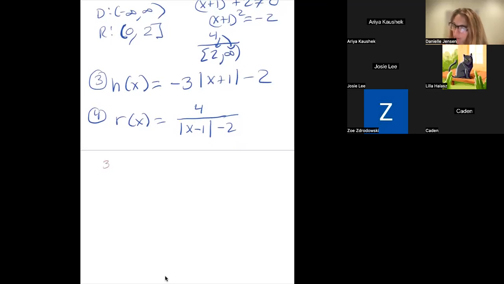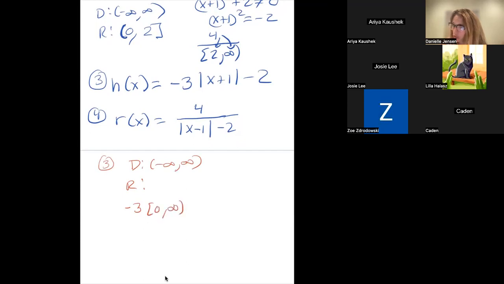So let's look at 3. Is there any restriction on what I can put in for x? No. There's no restriction on what you can in general put in an absolute value. It's not like a square root. There's nothing in a denominator in number 3, so all reals. But coming out of an absolute value, the smallest in this case would be 0.